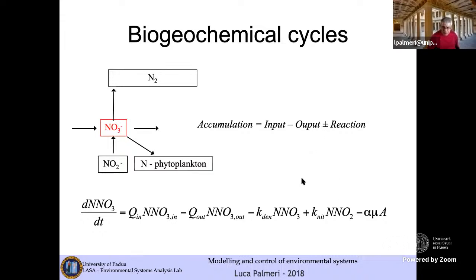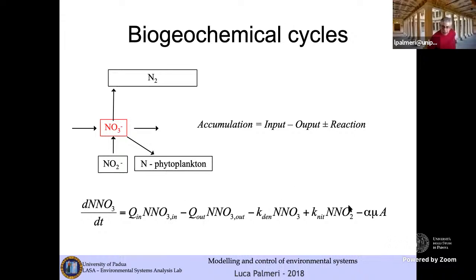A reaction process that we may call production. So a reaction process that depends on two constants, an equilibrium constant alpha times a speed of the reaction mu times the concentration of the algae itself.